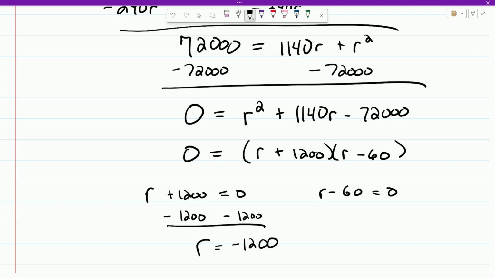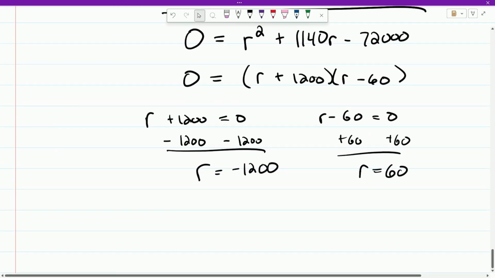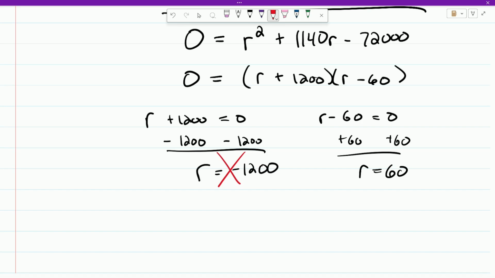So for the first, r equals negative 1,200. For the second, r equals 60. Now, mathematically, these are the answers. However, rate can't be negative. So this is extraneous. And our final answer is r equals 60.